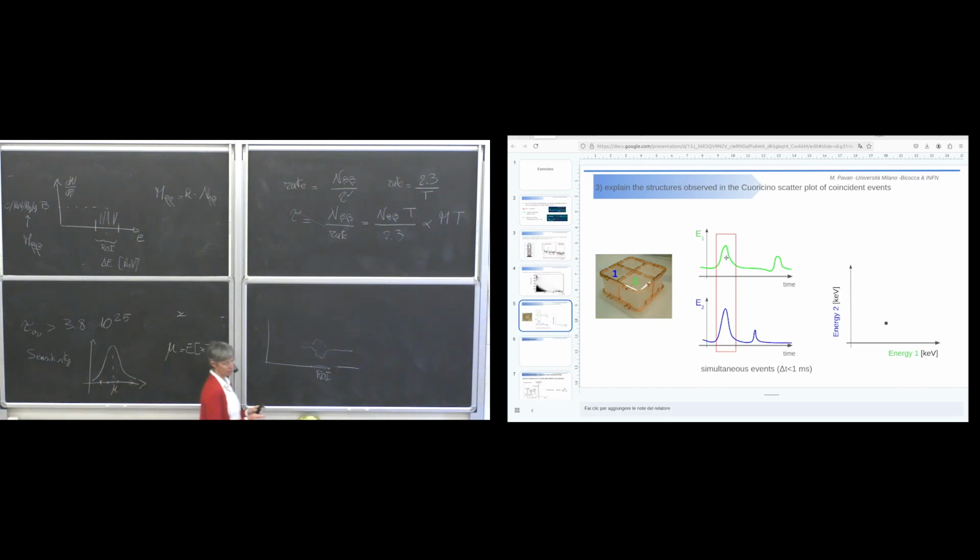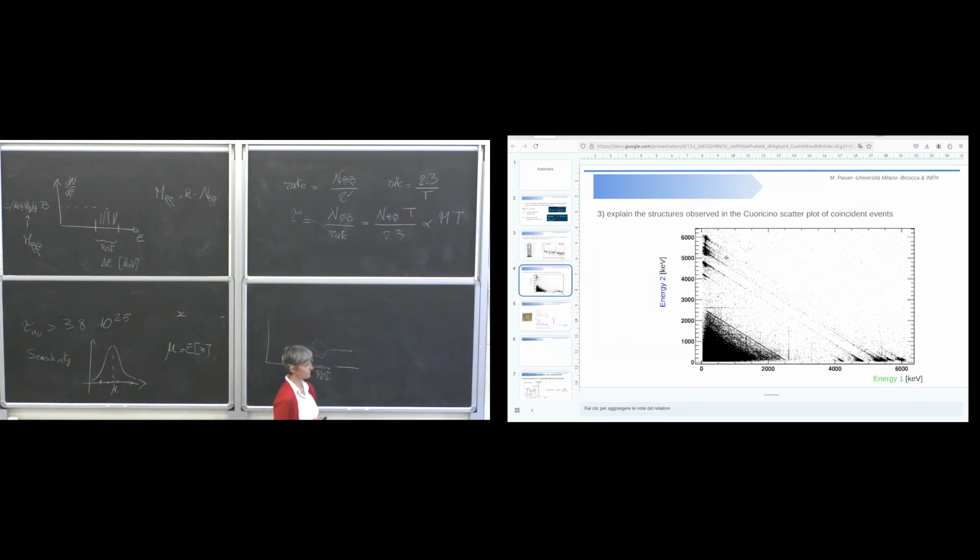And I get this plot. And you see in this plot, I have diagonal lines here and here, and then I have vertical lines. Can you guess what are the processes that produce these lines?